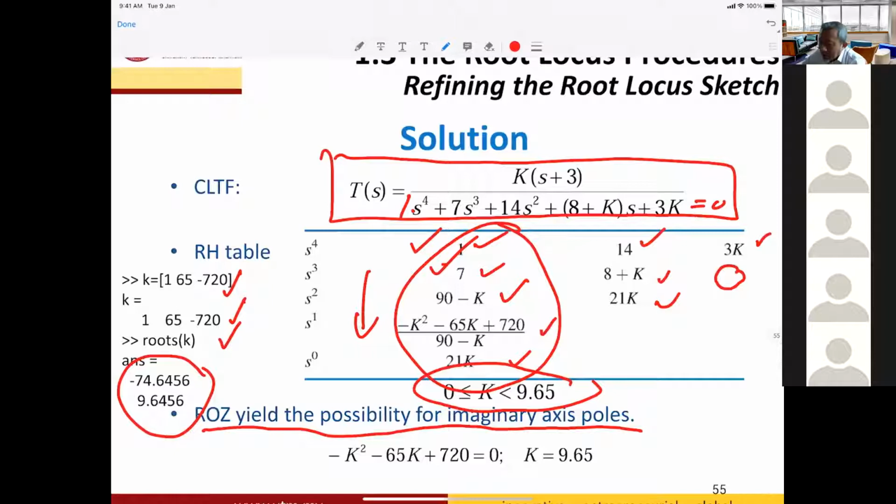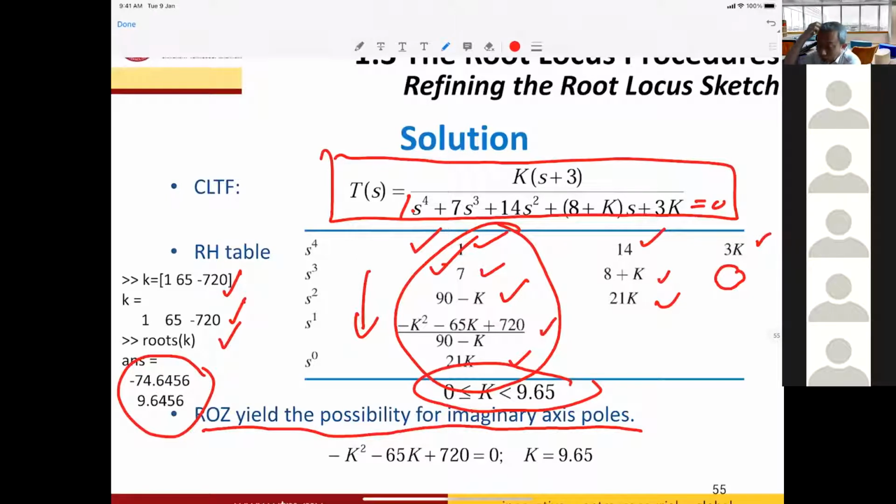Because we have to find the range. Now we are using S1 to find the root, right? Then I'm not sure why we need to use S1 but not S0.